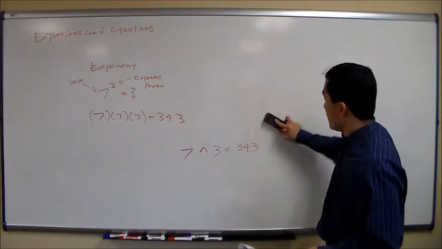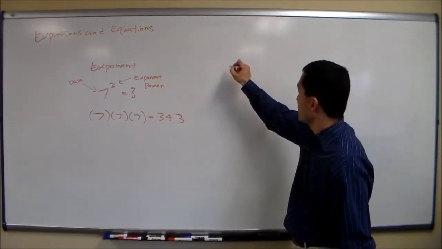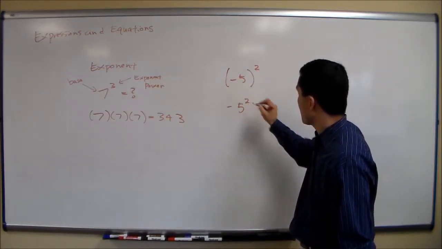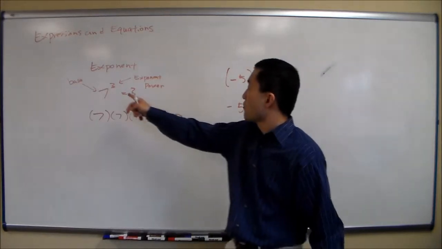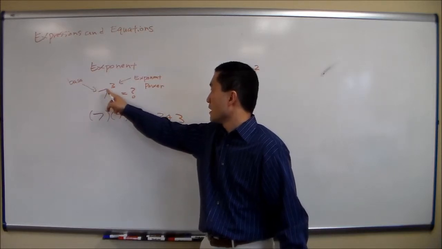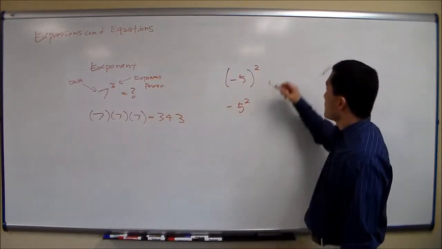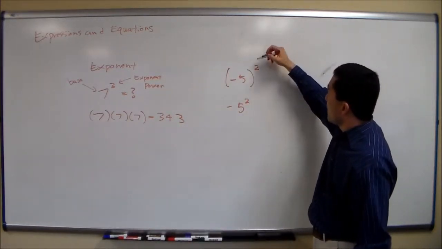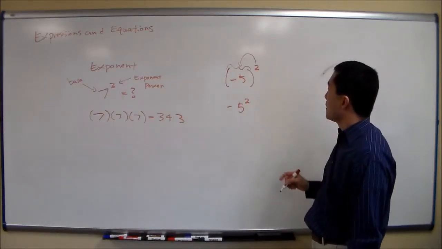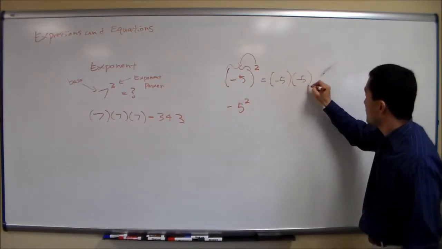One confusing thing about exponents is what you do with the negative sign. Say for example we have these two things. The exponent applies to the thing immediately in front of it, the number or the group that's right in front of the exponent. So in this case, this 2 applies to the whole thing in the parentheses. So this is the same as writing -5 times -5.